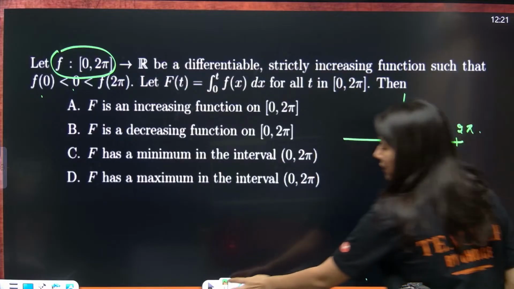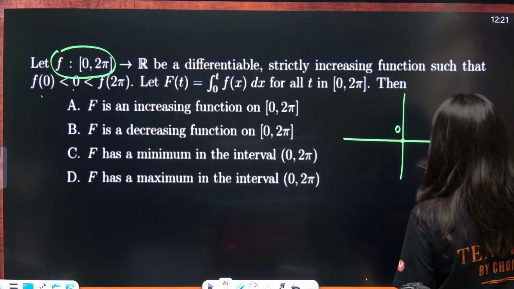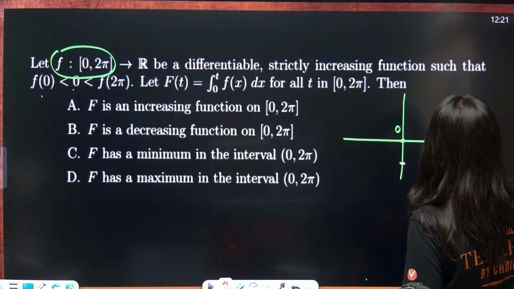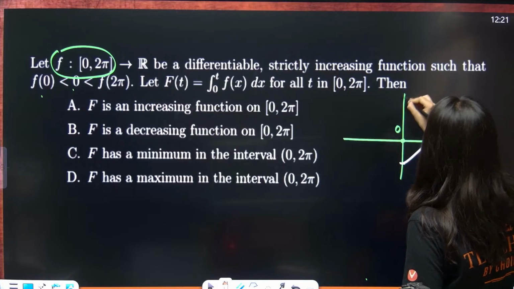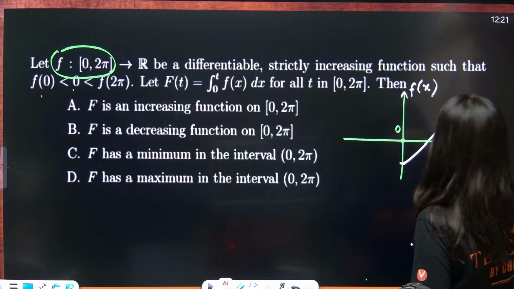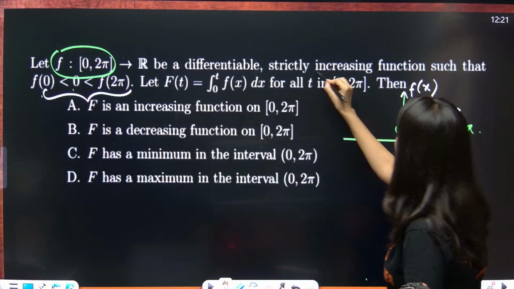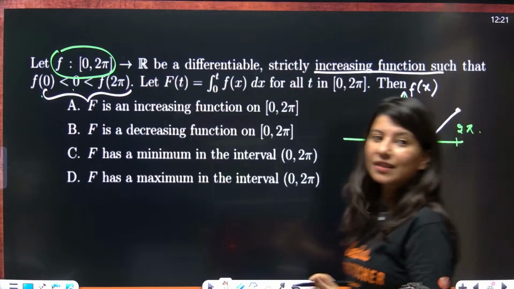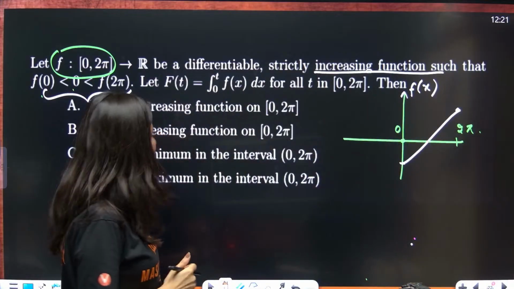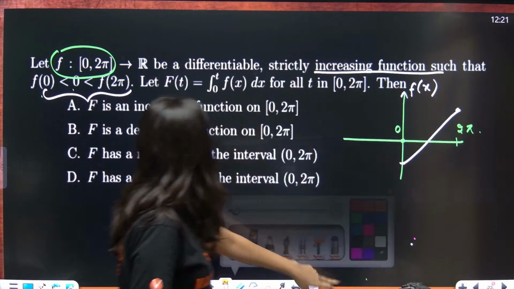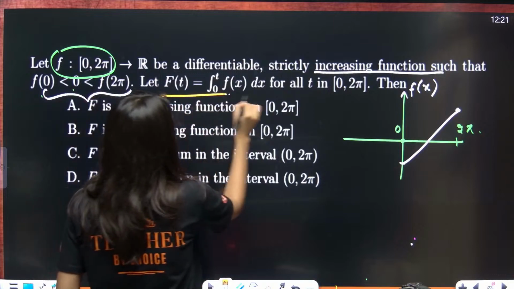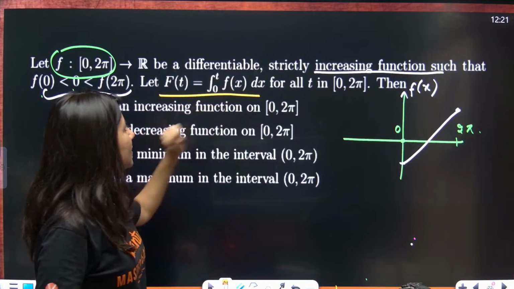If f of 0 is negative and f of 2 pi is positive, for an increasing function this will look like this, f of x, right? As per this information we have plotted this graph. Everybody getting it? Yes. After that, what they are saying is F of t is equal to this.